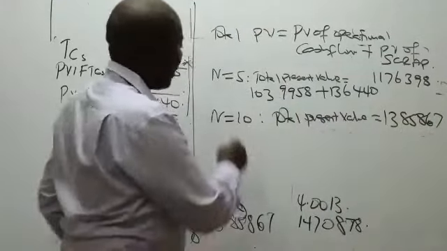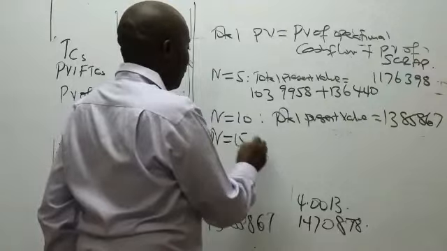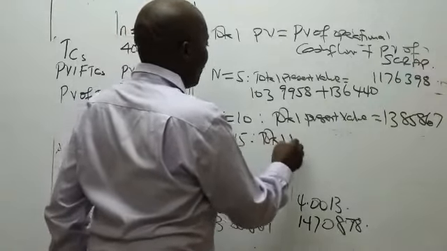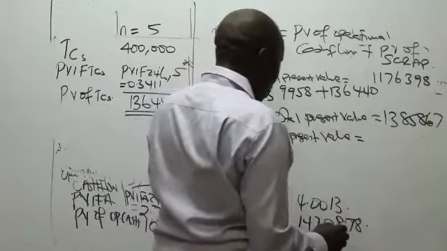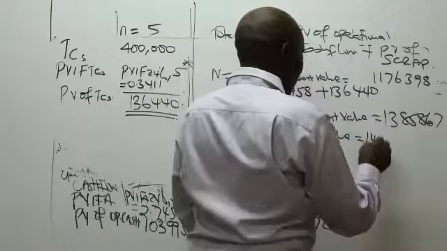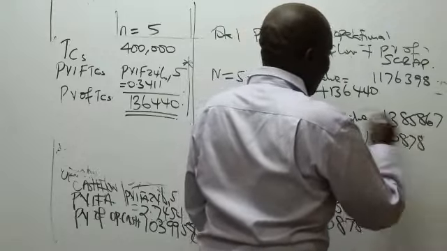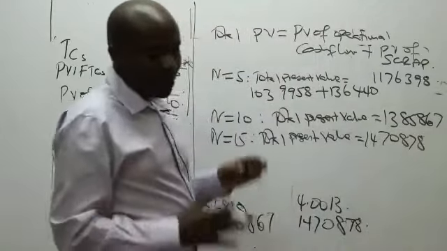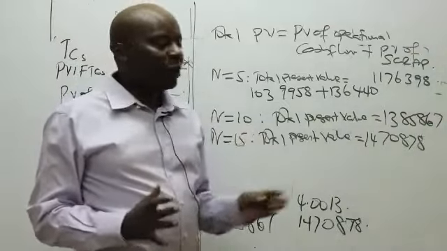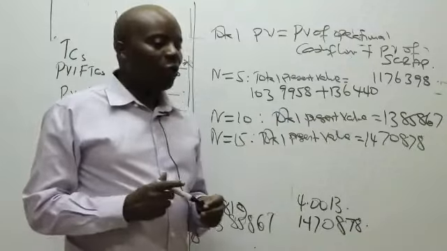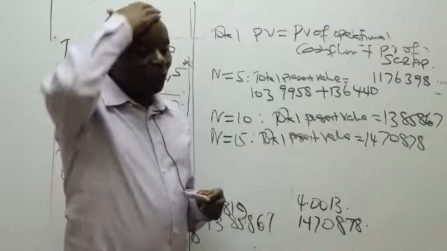The same, when N is 15, the total present value will be equal to 1,470,878. Thank you so much. So then could you kindly guide me, after having gotten to this stage, what will be the next thing to be done?